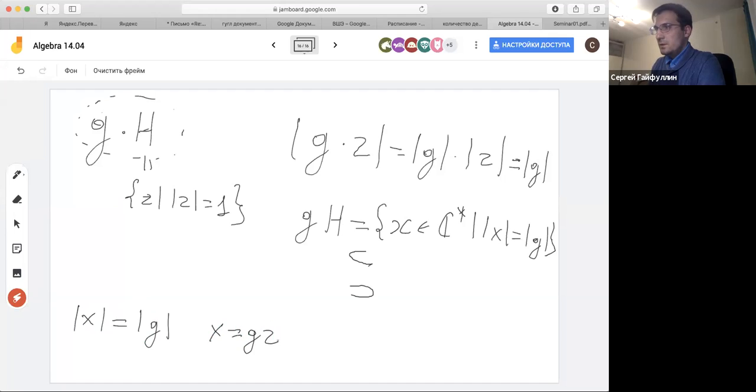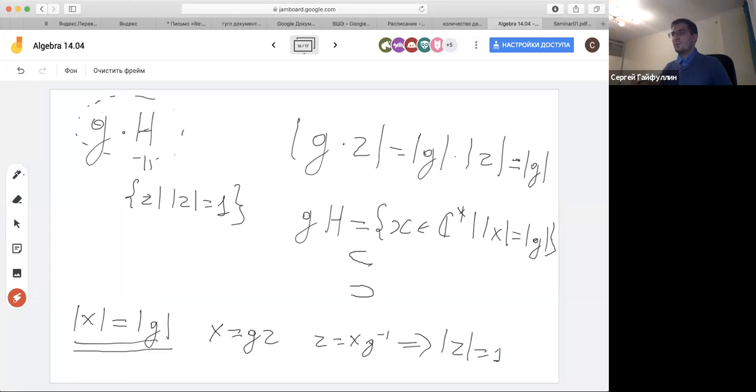So z equals x g minus 1. And if the modulus of x equals the modulus of g, then it implies that the modulus of z equals 1. So this shows that there is the inverse inclusion, and we have that.